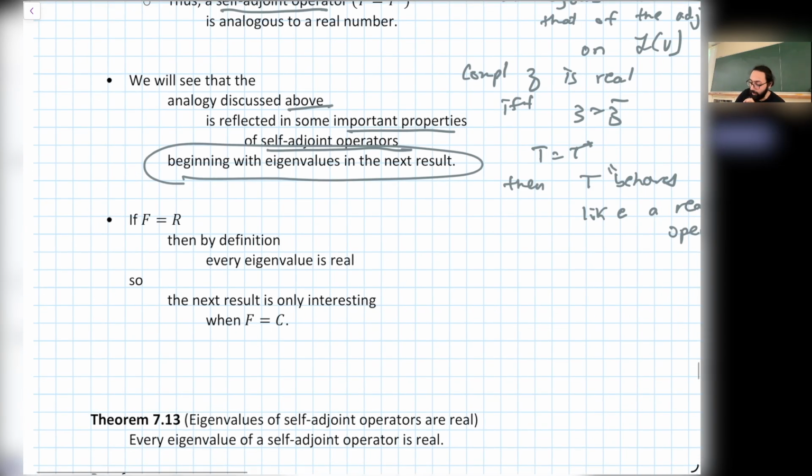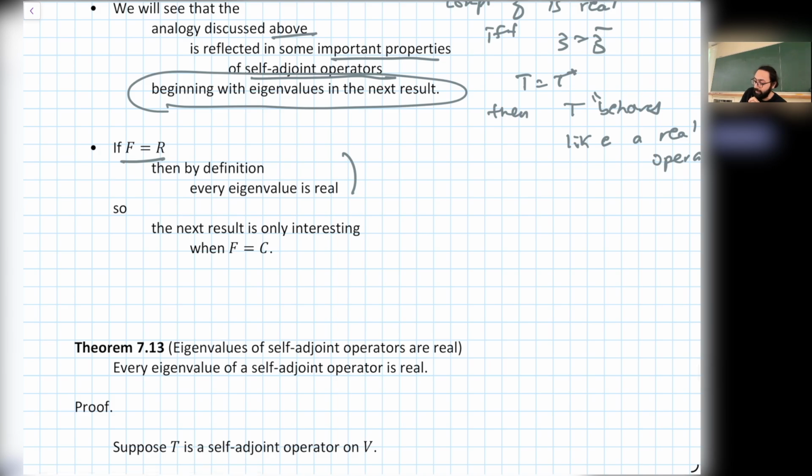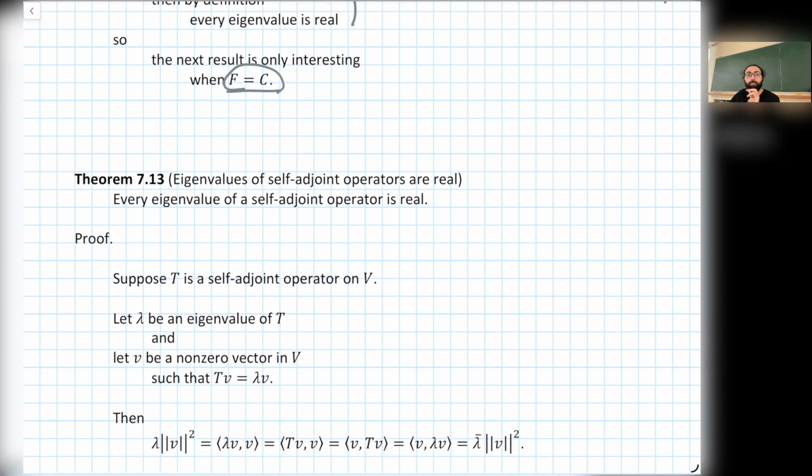So let's see. If F equals R, then by definition every eigenvalue has to be real. You may not always be able to find eigenvalues, but if you do, they have to be real. So the theorem that we're going to write down now is only interesting when the field is complex numbers. Is it making sense so far? All right.